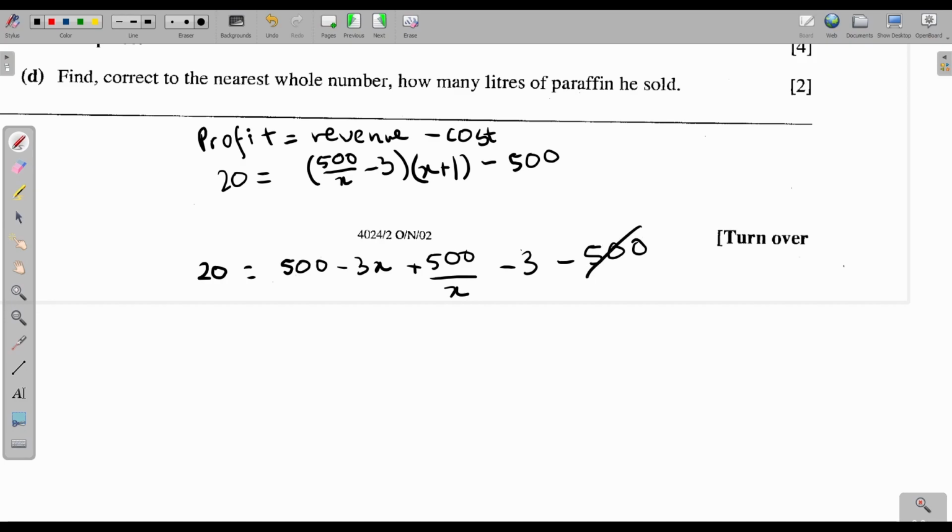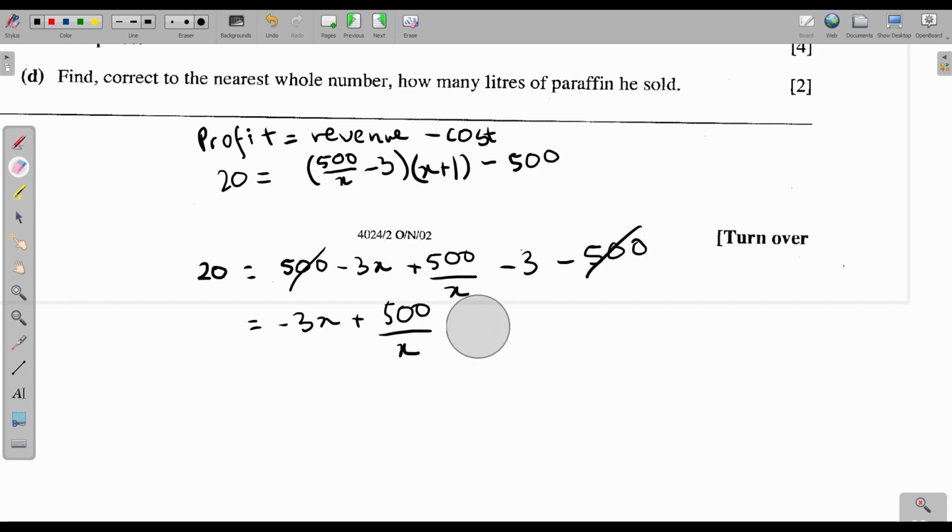So this 500 goes away and this 500 goes away. Now we have minus 3x plus 500 over x, and then if I add 20 to both sides, this would become plus 17.